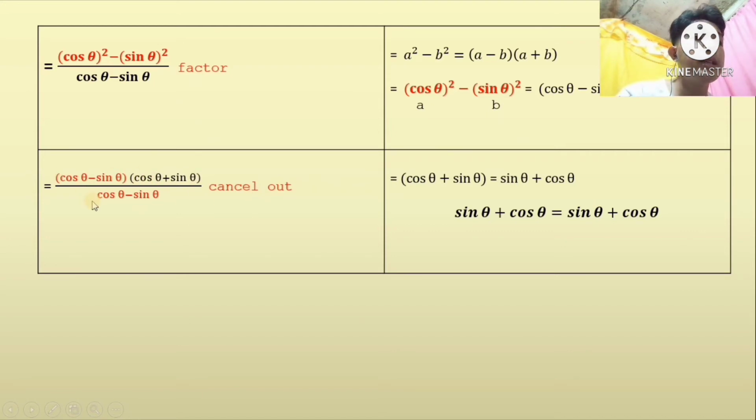So our equation will be like this. So cancel out: cosine theta minus sine theta over cosine theta minus sine theta is equal to 1. So our equation will be cosine theta plus sine theta, or sine theta plus cosine theta. So this is our proof.